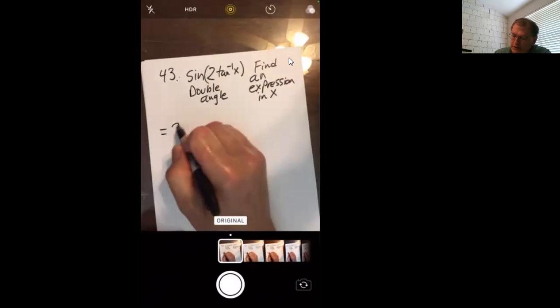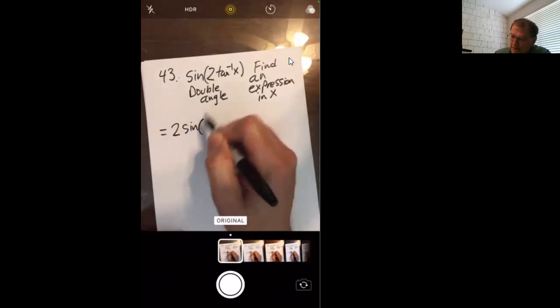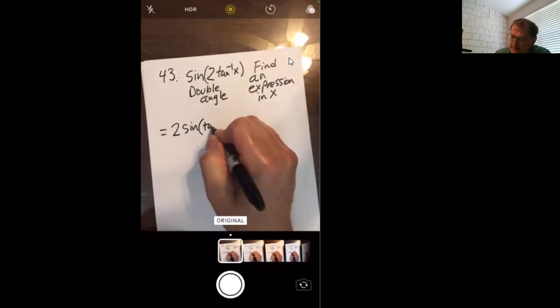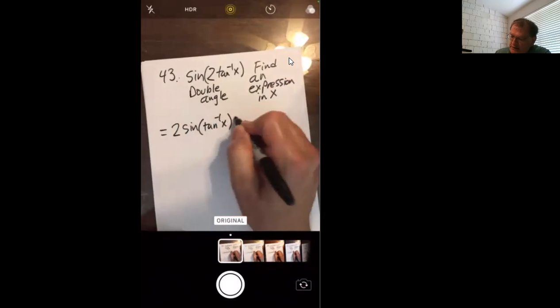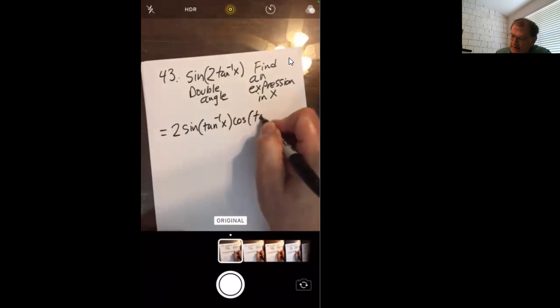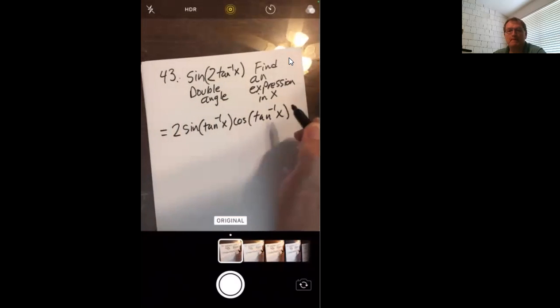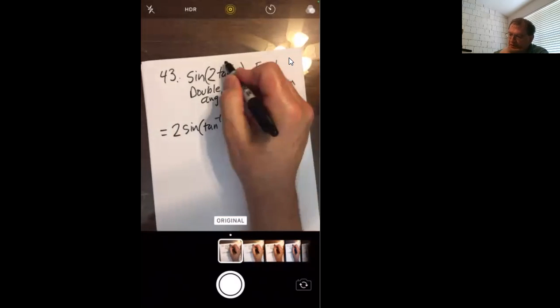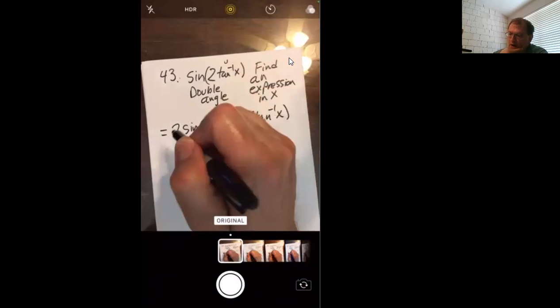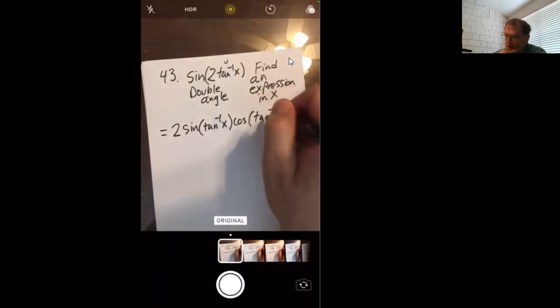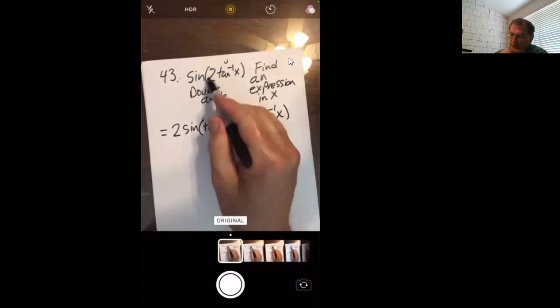So that's going to equal twice the sine of arctangent x times the cosine of arctangent x. This acts like your theta: sine 2u is twice the sine of u, the cosine of u. It's like the 2 comes out.